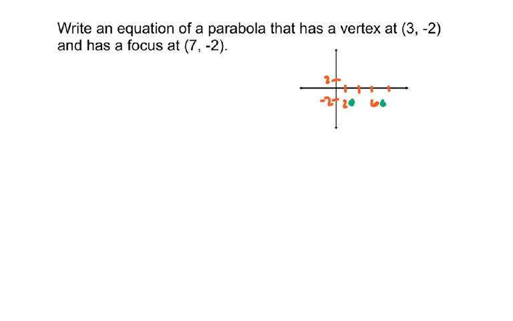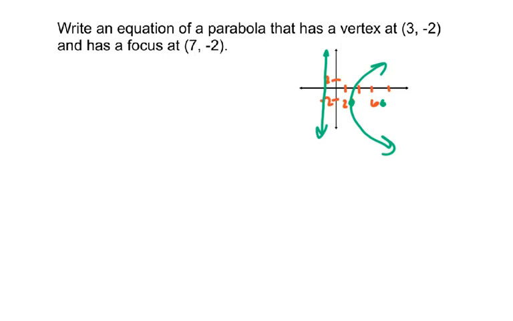So if the vertex is at 3, -2, then of course our directrix is going to be at x equals -1. So this thing has to open to the right.